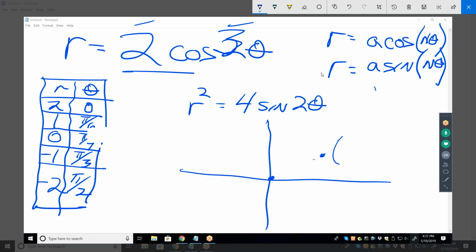In other words, that would be 1.9 comma pi over 6. That's where that point falls. And then as you go from 0 to pi over 2, I think you get two ends of this thing. Let's see, as you go from 0 to pi over 2, this curve ends up looking like this.